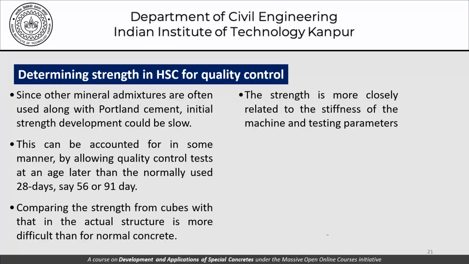The strength is more closely related to the stiffness of the machine and testing parameters. So as we go higher in strength, the stiffness of the machine, or what kind of compression testing machine is used to determine the strength of concrete, also starts coming into play.